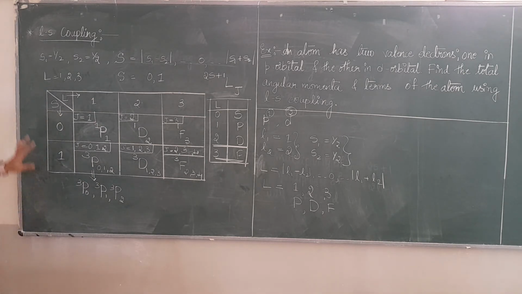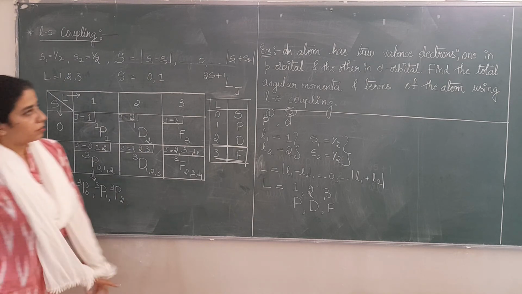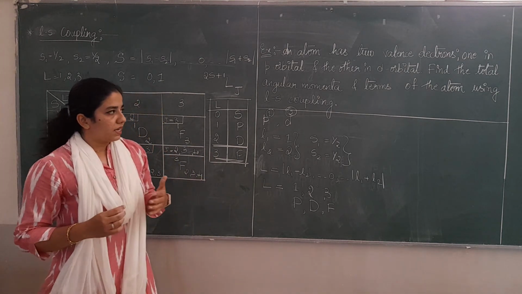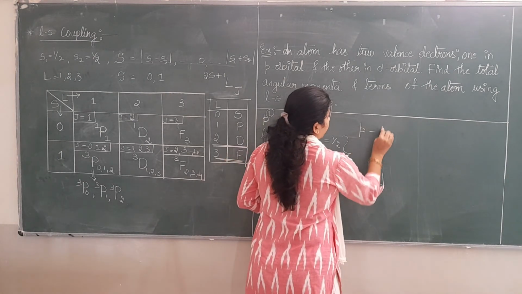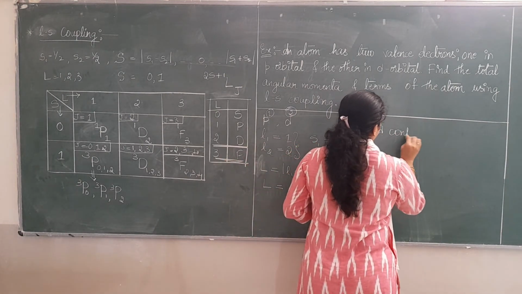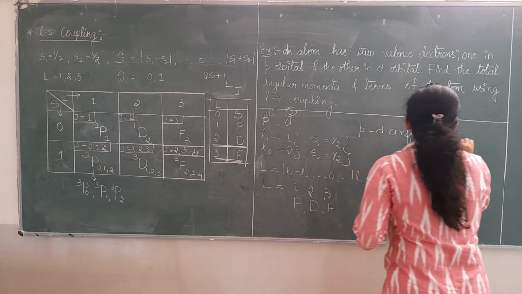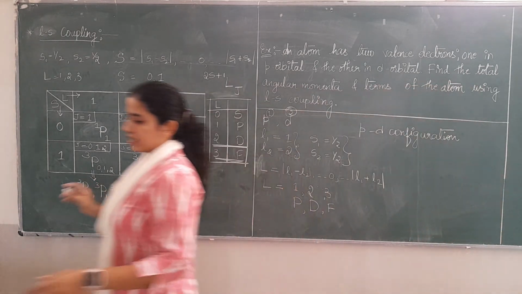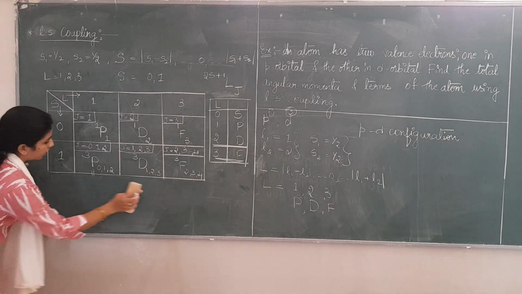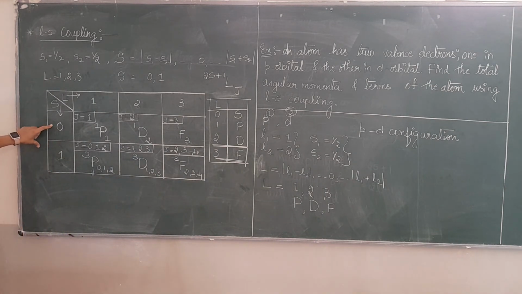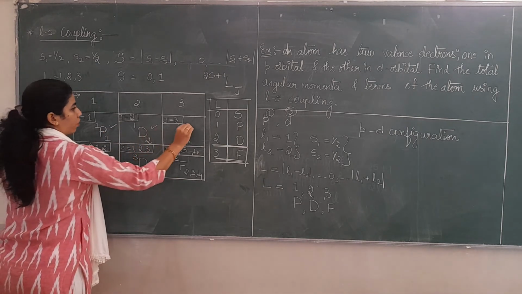So this is the number of terms that we get for the P and D configuration. What can we call this in another way? Apply LS coupling scheme for a PD configuration. This is what? PD configuration. So now tell me, for S is equal to 0, how many term values we have got? 1, 2, 3.